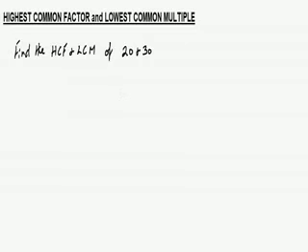Okay, now in the previous video I showed you how to prime factorize. Okay, and we need to do that with 20 and 30. Now I'm going to show you a slightly different way of doing it. You can do it the way that I did it previously, or you can do it this way.